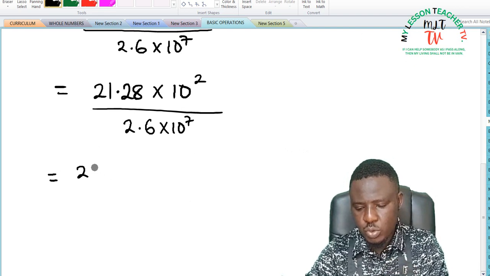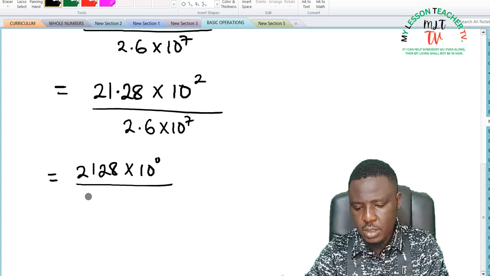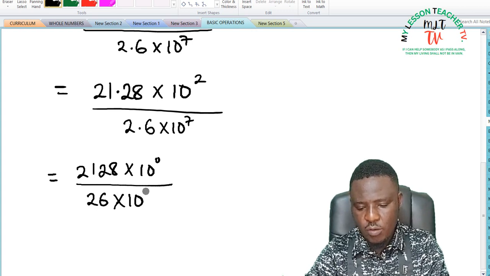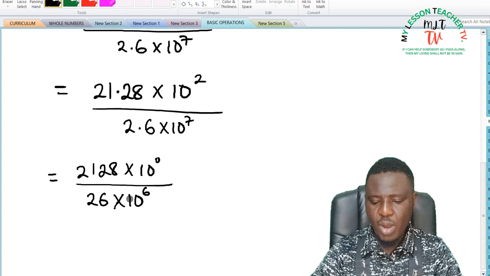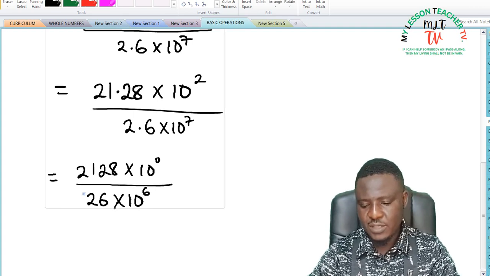This becomes 2128 times 10 raised to the power of 0 divided by 26 times 10 raised to the power of 6. I have moved the decimal point at the numerator 2 times to my right as well as once to my right at the denominator, and that has decreased their powers by 2 and 1 respectively.